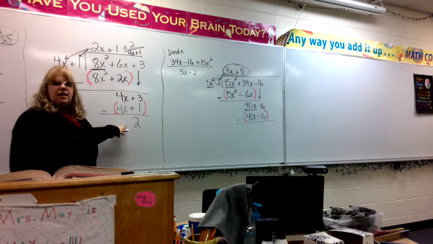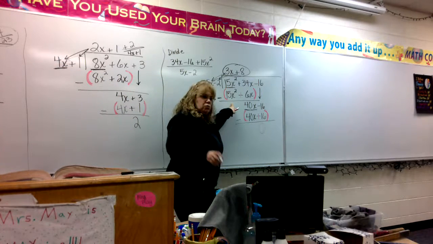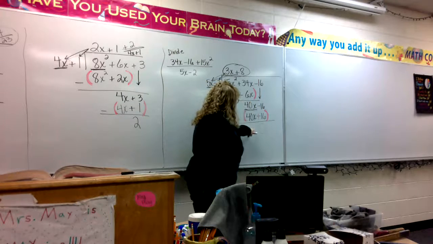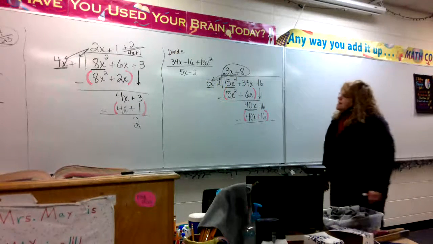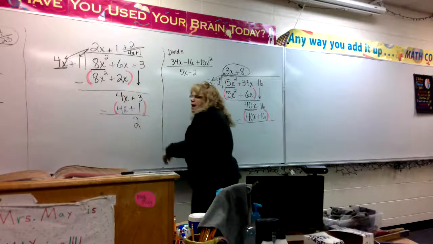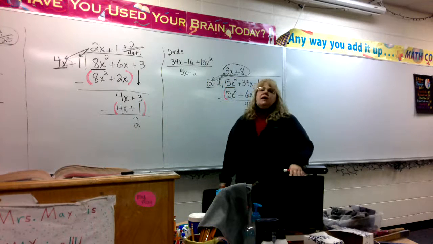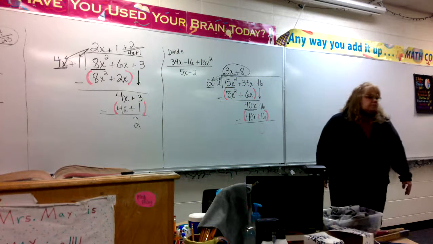The 4x drops out. Do you see over here the 15x squared? It goes away, drops out. The 40x, it drops out. If you do it correctly, this first thing should drop out every single time. If it doesn't, you did something wrong.